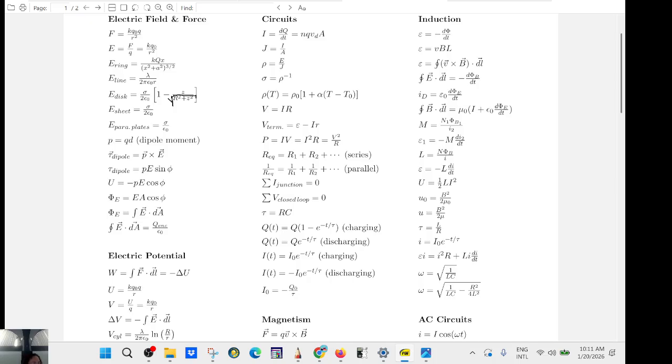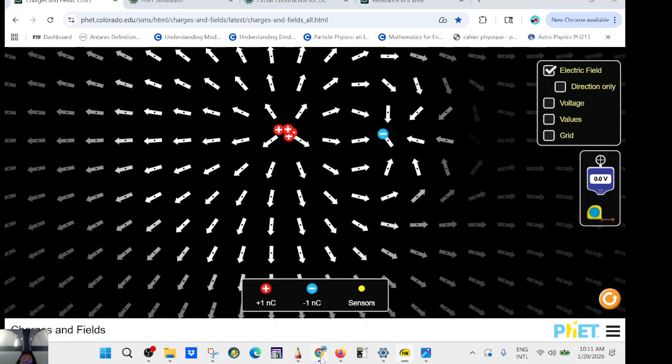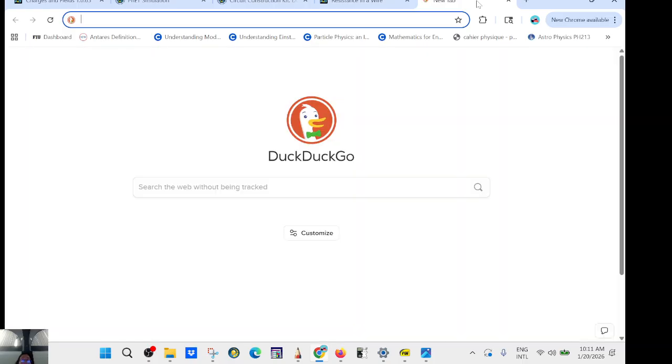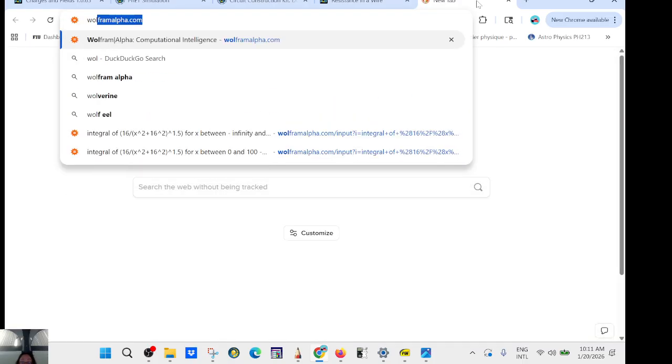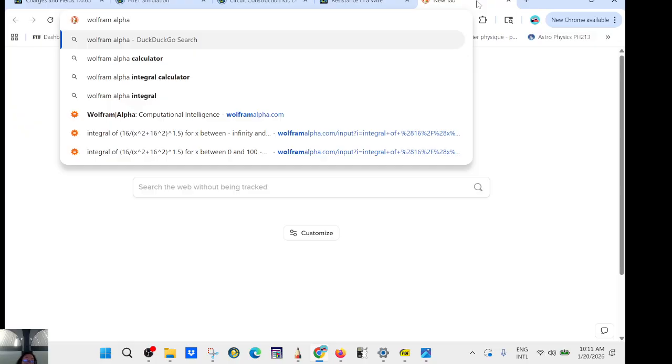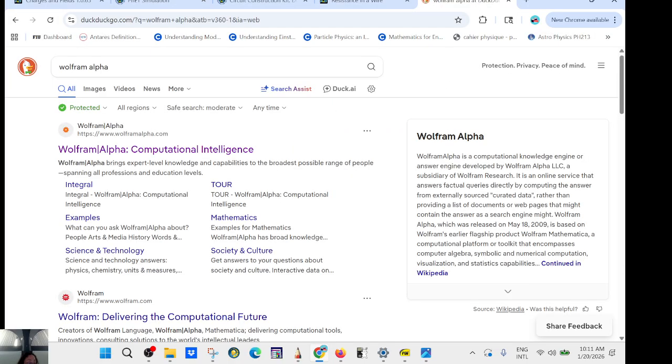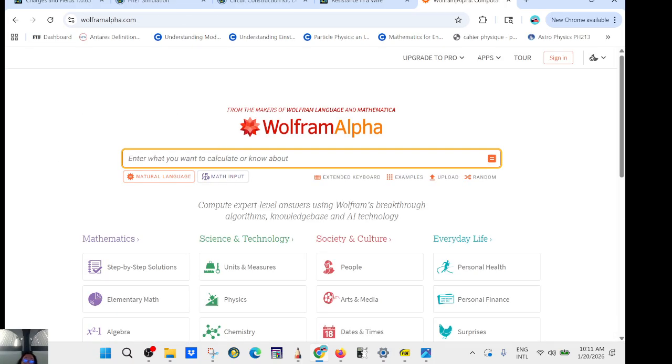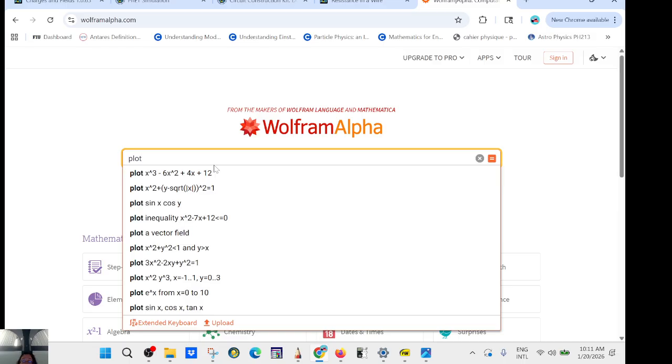You can even use Wolfram Alpha to see what it looks like. So you say plot. We have an X on the numerator, right?